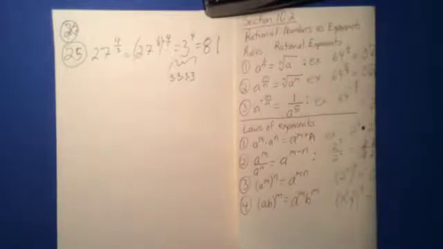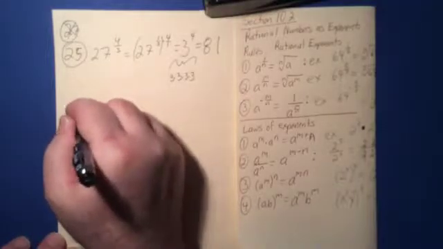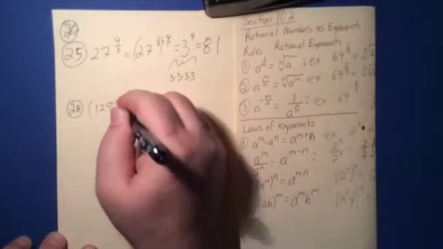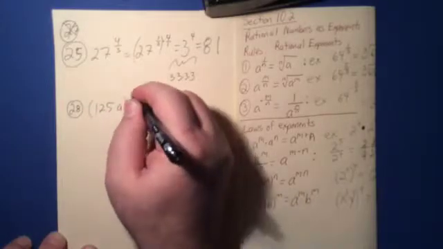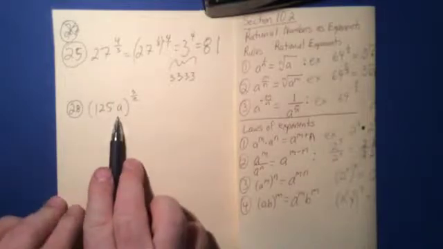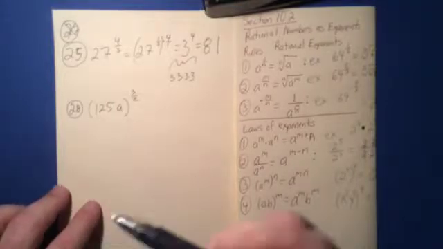One last problem that we're going to take a look at is question number 28. And that's going to be 125a to the 3/2. Now, sometimes these things can be simplified and sometimes they cannot. For example, we can't take a square root of 8, so this is going to get stuck under the radical.